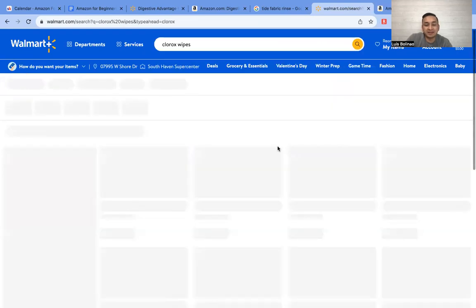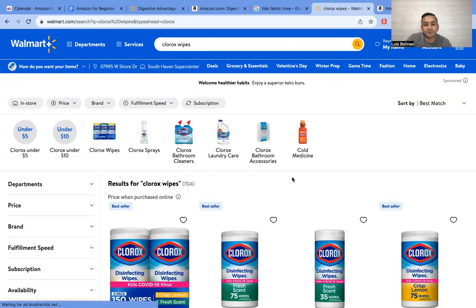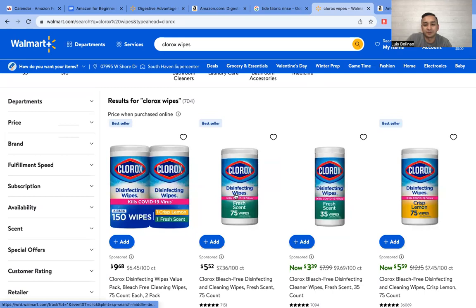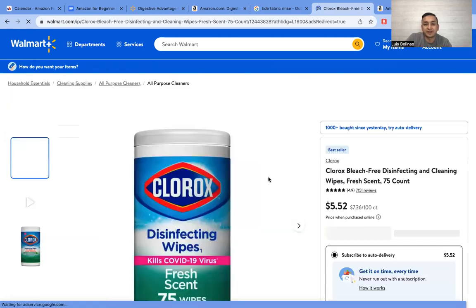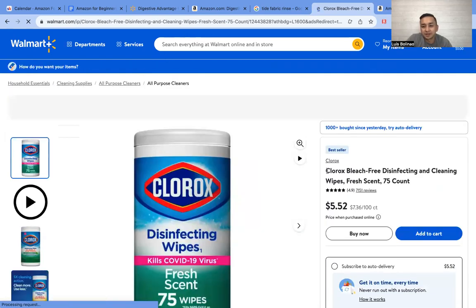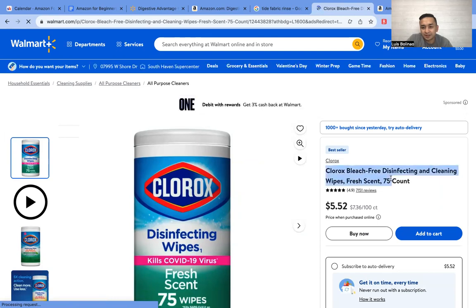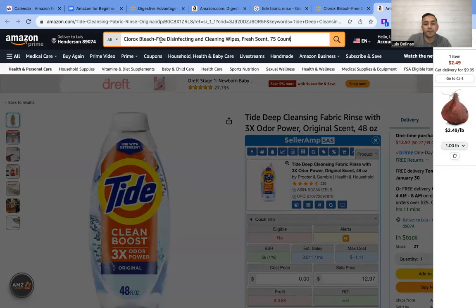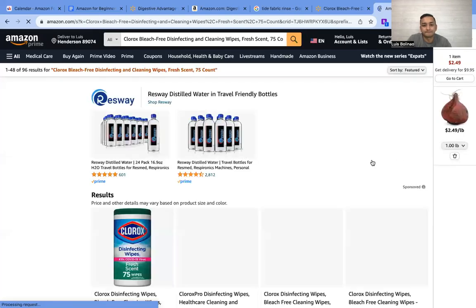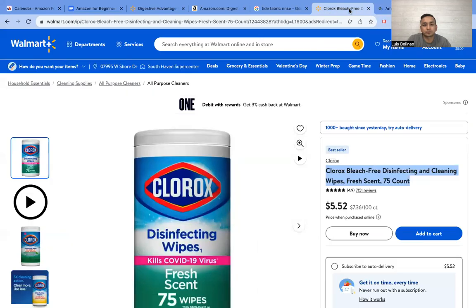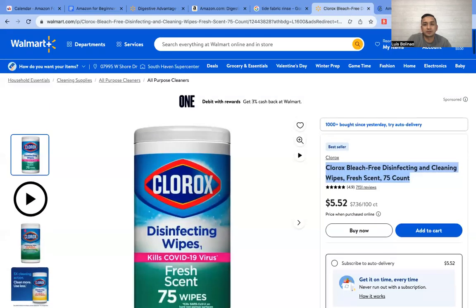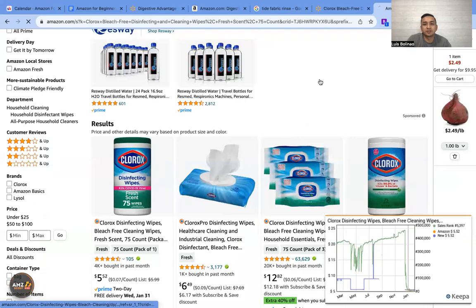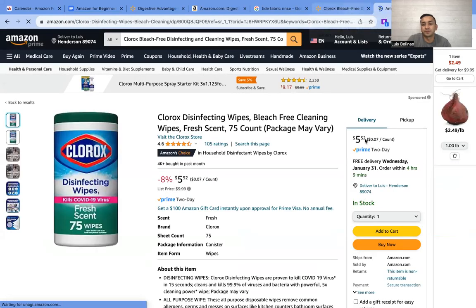The thing is it can be popular, but it needs to make sense as far as the numbers. So we've got to find the exact same product. So let's see. I can find it here. Yeah, I think this one is the same one, but the prices are the same.